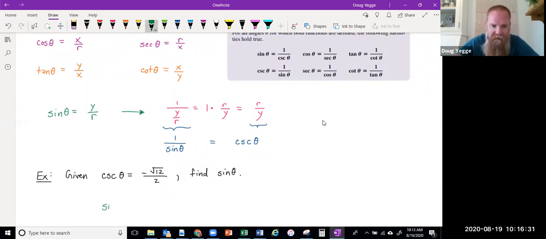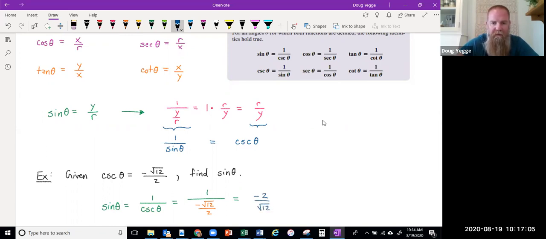So keep in mind that sine of theta is equal to 1 over cosecant of theta. And we're already told what cosecant of theta is. So therefore, this is 1 over the negative of root 12 over 2. Which, again, by algebra, simply becomes negative 2 over root 12.